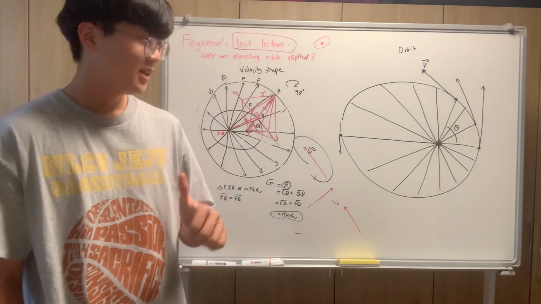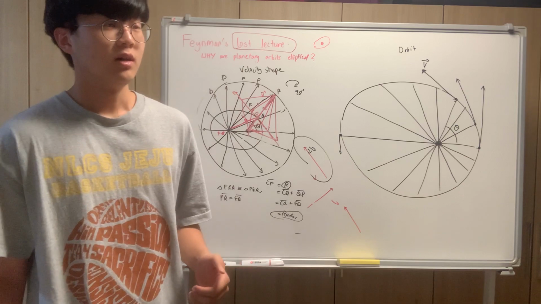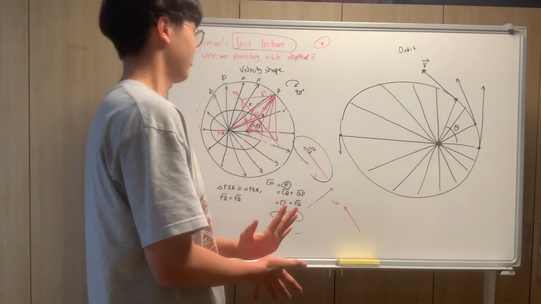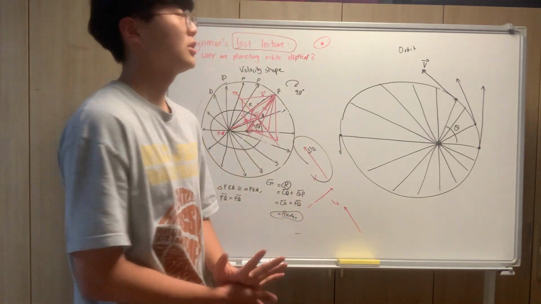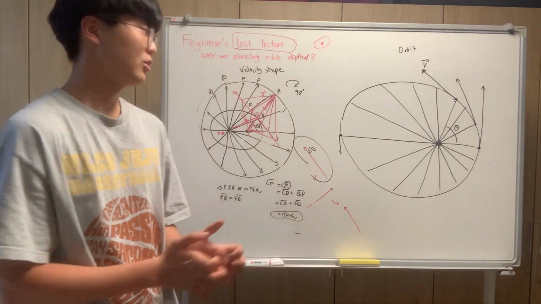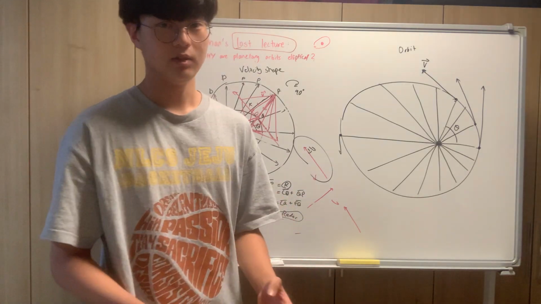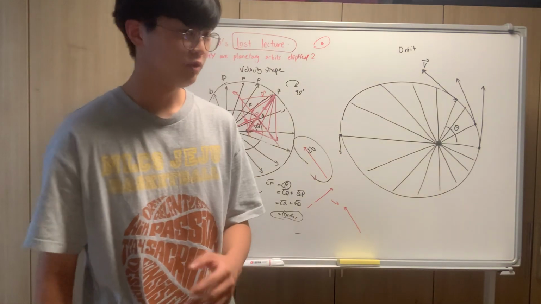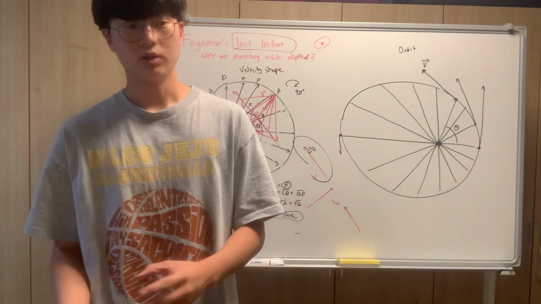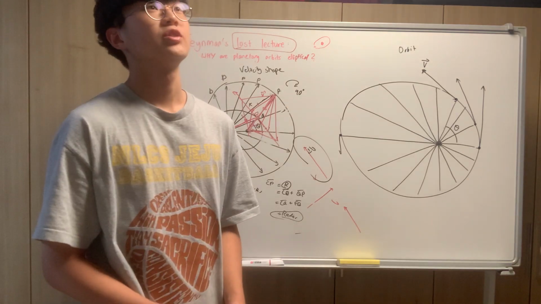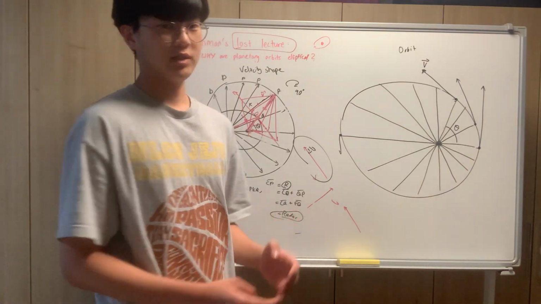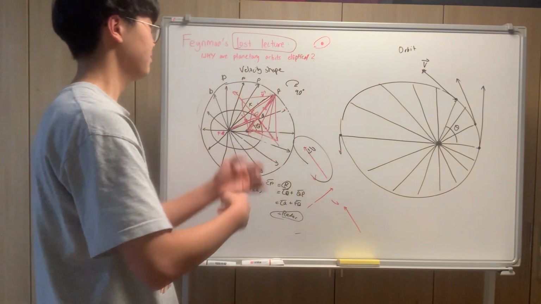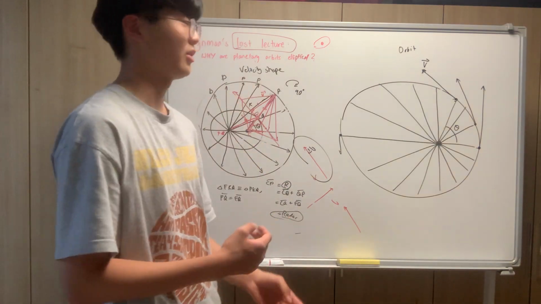Thank you, and I'll be back with a video. The next video, I think, is going to be about taking a calculus method, using some complex calculus to do the same thing, proving why planetary orbits are elliptical.